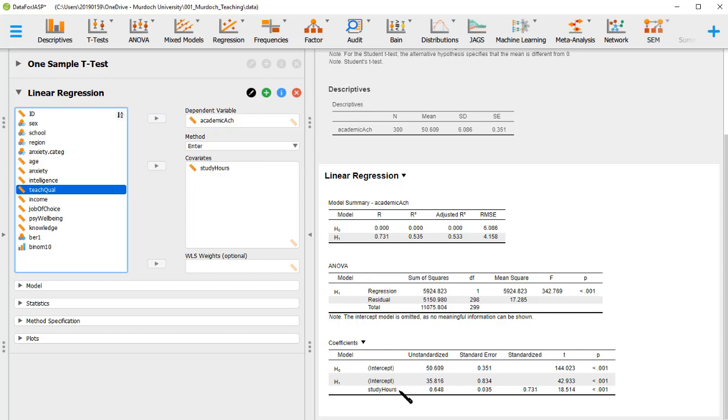Okay, so basically we looked at the unstandardized coefficients, and I'm going to explain the difference between unstandardized and standardized coefficients.